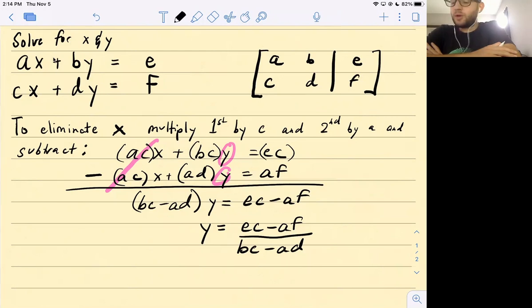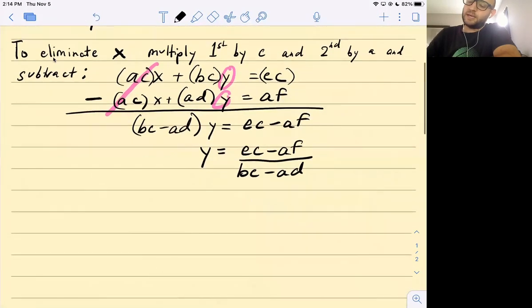Awesome. Okay, so I want all of you to now please do the same thing, but eliminate Y and get another formula for X. So this time let's eliminate Y. I'll give you a few minutes to tell me what final formula you got and solve for X. And by the way, I'm going to rewrite this.